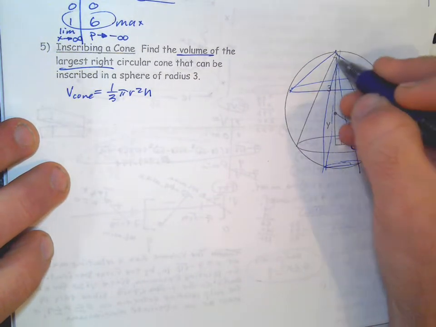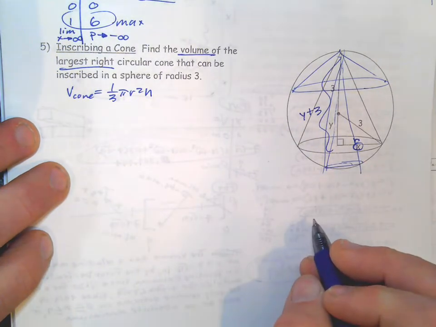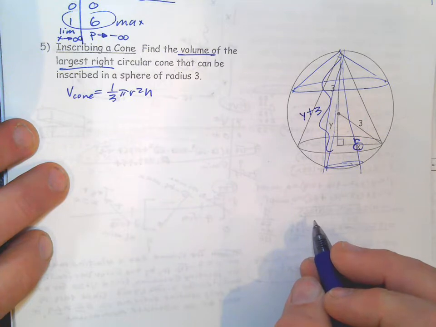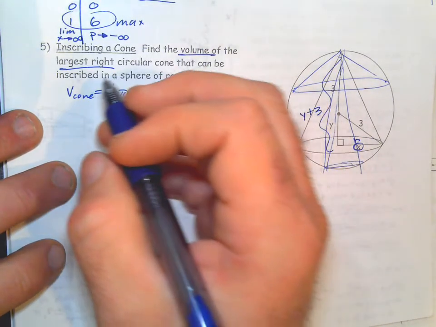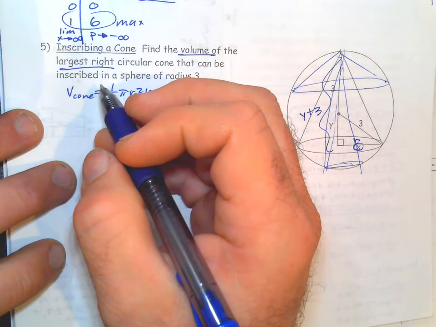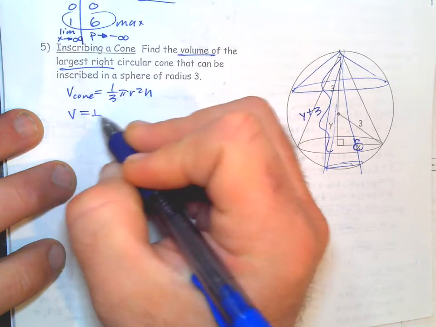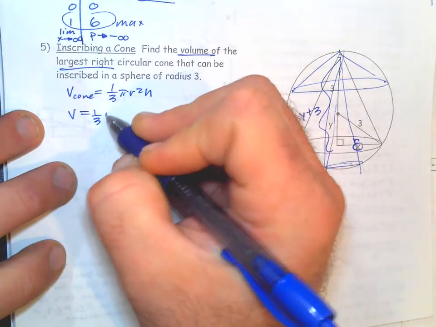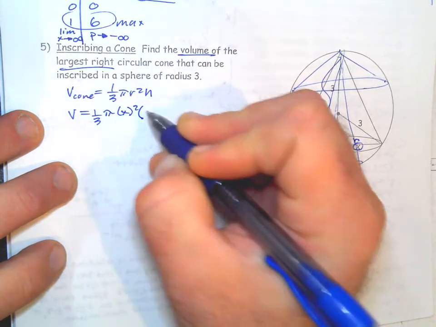So the height would be y plus 3, right? y plus 3. And so that's what we're going to plug in. So let's see. Volume of the cone is going to be 1/3 pi. r is x, and h is y plus 3.